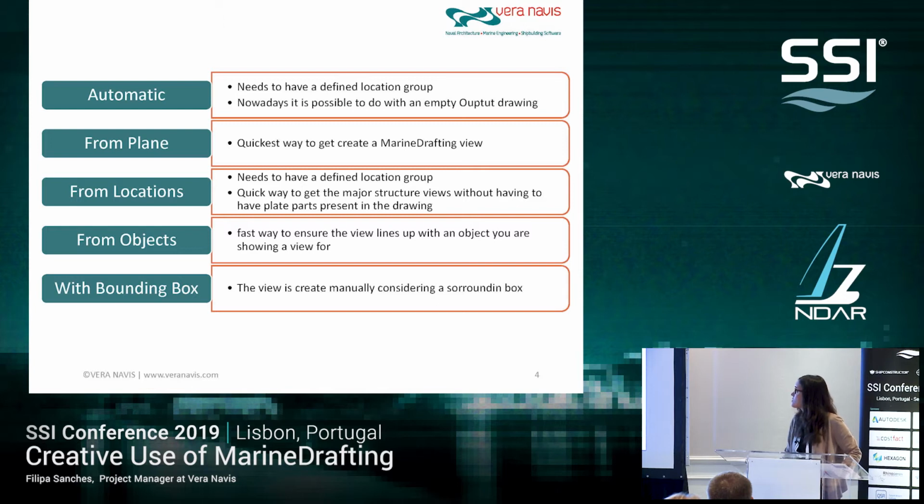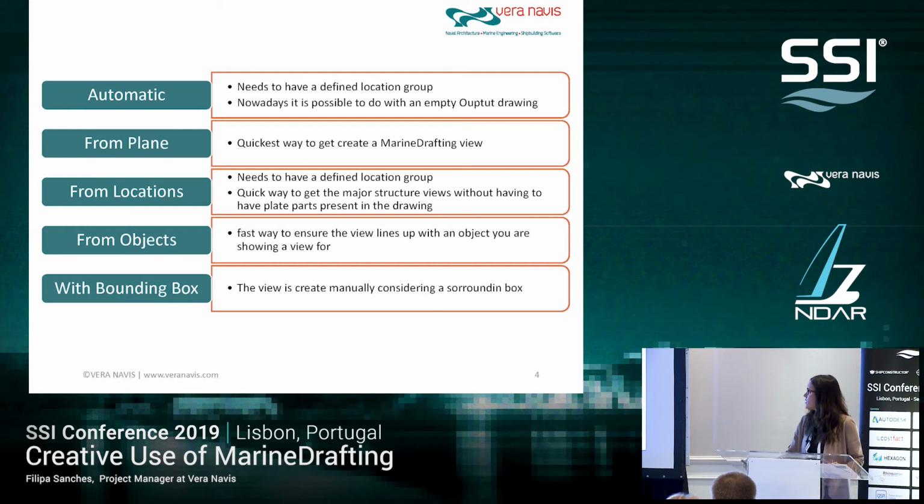Then from locations, again, you need to have the location group set, and it's very quick to create the same drawings on different marine drafting drawings. Because you can create a set of locations and the marine drafting will know that you want always to cut, for example, on frame 1, frame 2, frame 3, and it's going to do it.